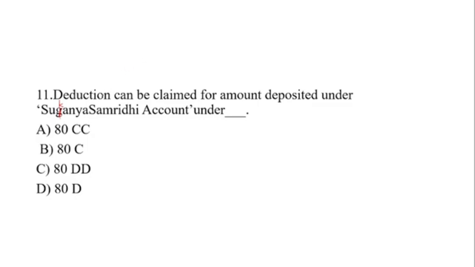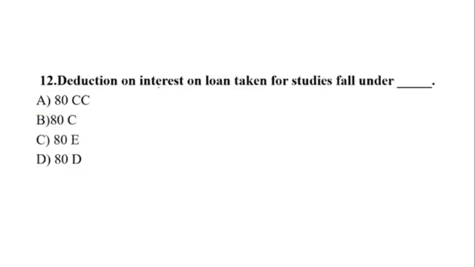What will be the answer? The right answer is option B, that is 80C. Under section 80C, the depositor gets the deduction under the Sukanya Samriddhi Yojana. Then question number 12: deduction on interest on loan taken for study. It is related to education.